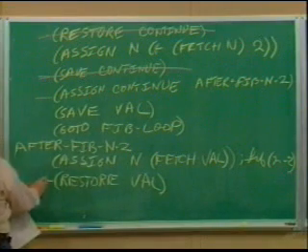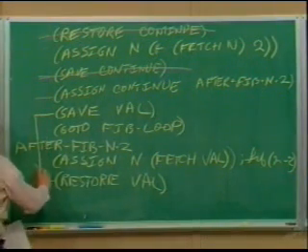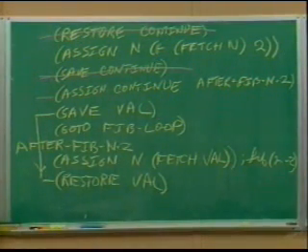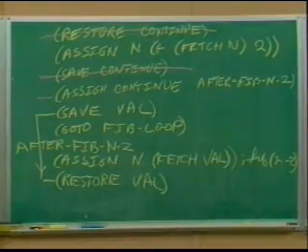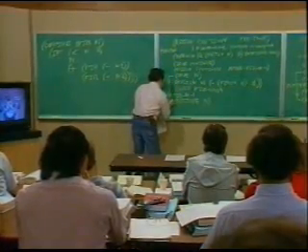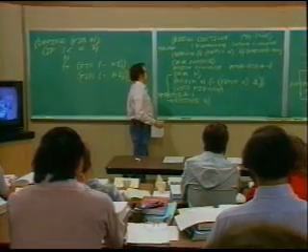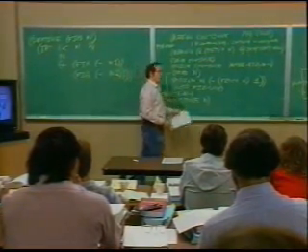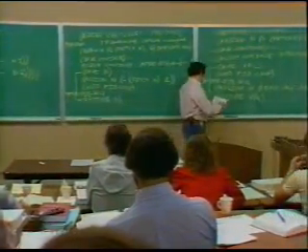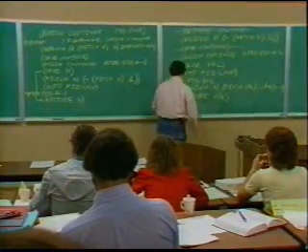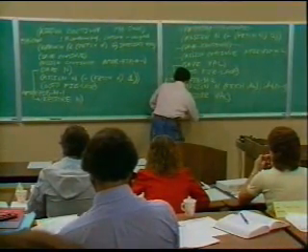This restore matches this save. And if you examine very carefully what goes on, restores and saves are always matched. Now, there's an outstanding save, of course, that we have to get rid of soon. And so I restored the value register. Now I restore the continue one.